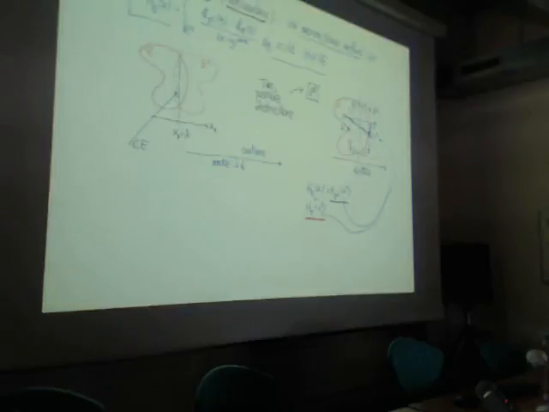Remember, it's an integral. Some points go with 1 and some points go with -1. The points that go with 1 for E lambda and for E will give the same contribution here and here.